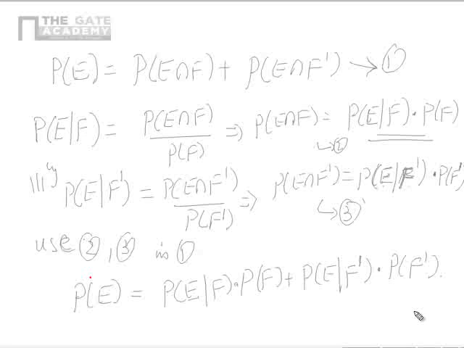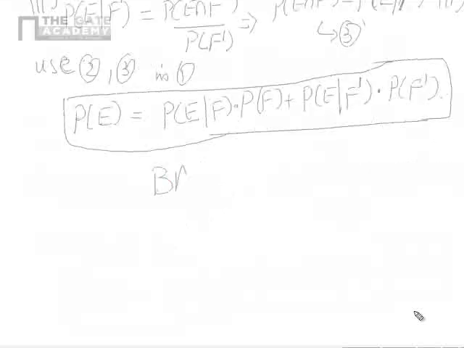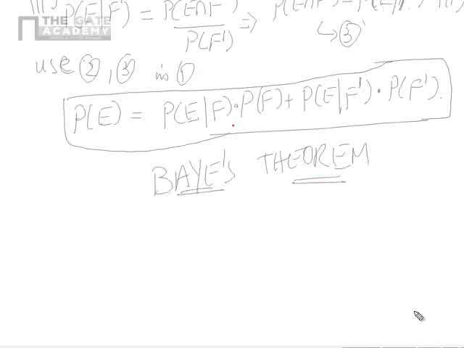This is what is called Bayes' theorem on conditional probability. This is a very, very powerful statement. When I know the probability of occurrence of different bits and pieces, I can compute the probability of the event on the whole.